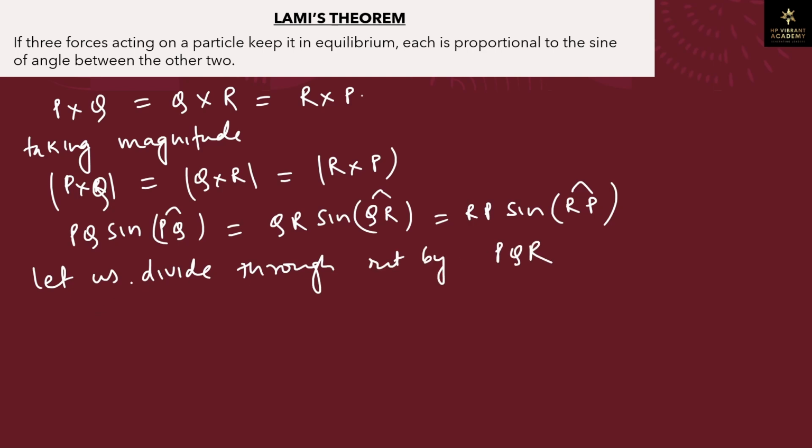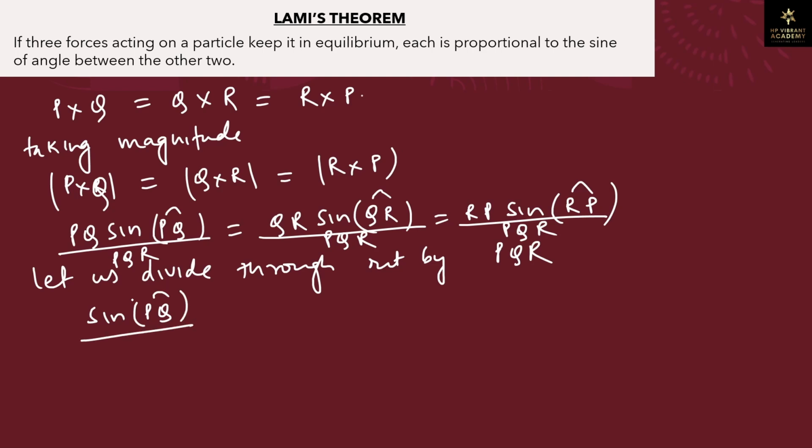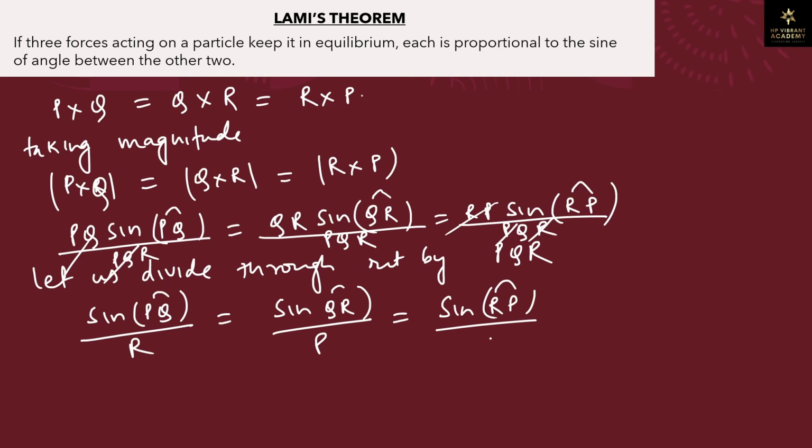So we have sine of PQ upon R is equal to sine of QR upon P is equal to sine of RP upon Q.